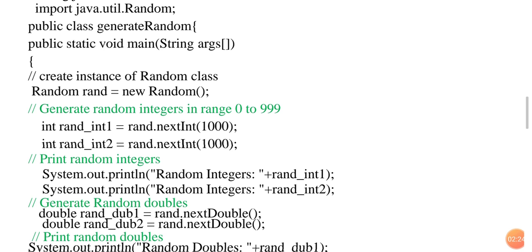That value is stored in the variable rand_int1. The second statement is similar, generating random integers in the range of 0 to 999, stored in the second integer variable, rand_int2. So two random numbers are generated and assigned to the variables int1 and int2.